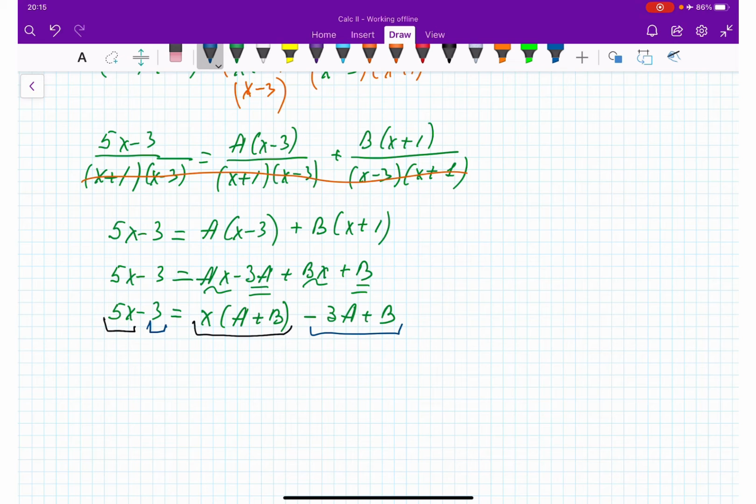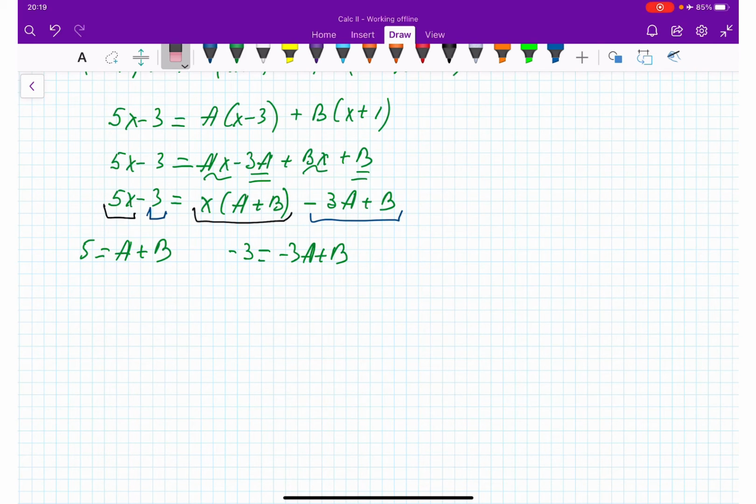Okay, so from here, what do we get? We are going to say that 5 is equal to a plus b, right? Because both terms have x: 5x, and x times a plus b. That means 5 is equal to a plus b, and negative 3 is equal to negative 3a plus b, correct?